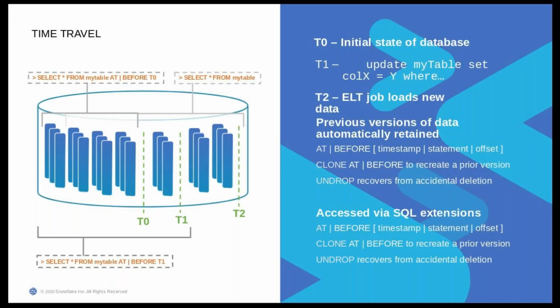So what if you update a table 10 times? That means when you update a table 10 times, what happens to the micro partitions? Are there revisions of the file? You will have 10 revisions of the file.